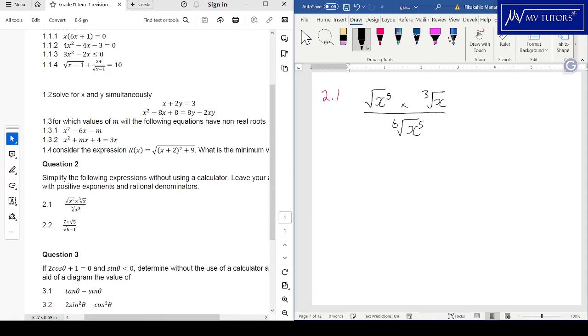Here I'm going to change everything to fractions just to get rid of the roots. So I have x to the power 5. Remember, if there's no number outside the square root, then it's 2. So 5 over 2, times x. Remember, if there's no number on top of the x, then it's an imaginary 1.